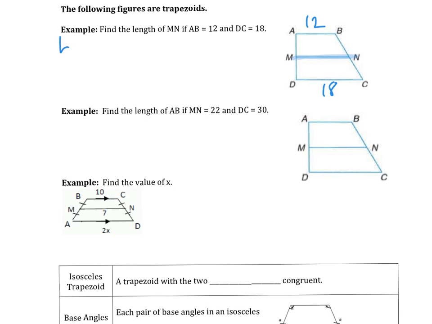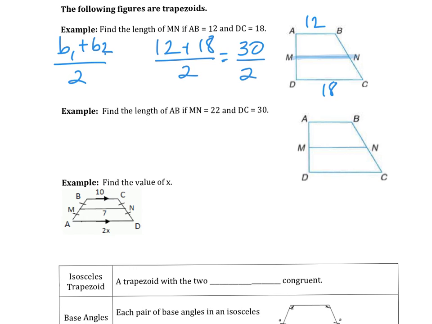So we are going to add up our bases, so base 1 plus base 2, and divide that by 2. So base 1 is 12, plus our base 2, which is 18, divide that by 2. Have to do what's on top first. 12 plus 18 is 30. 30 divided by 2 is 15. So our mid-segment is 15.